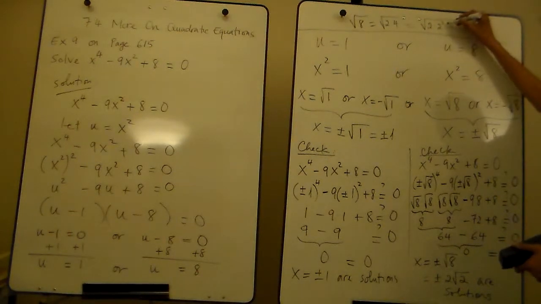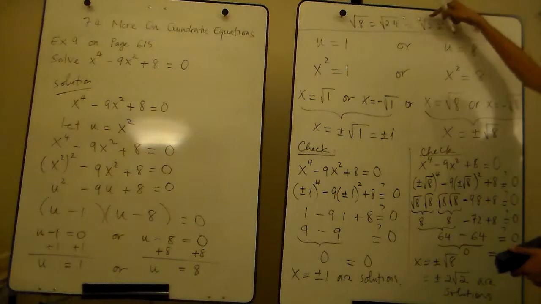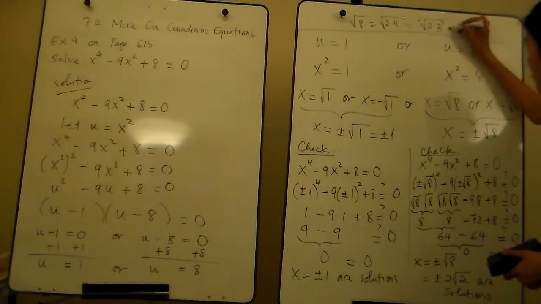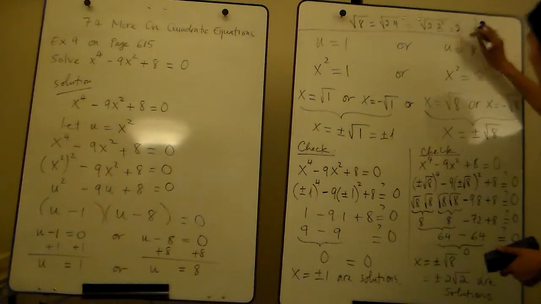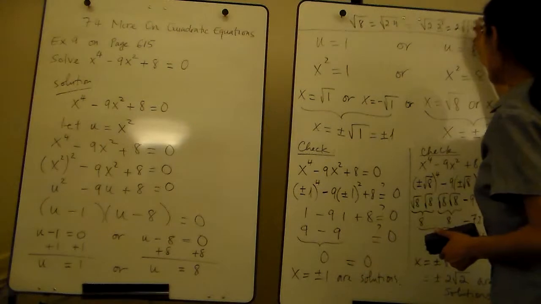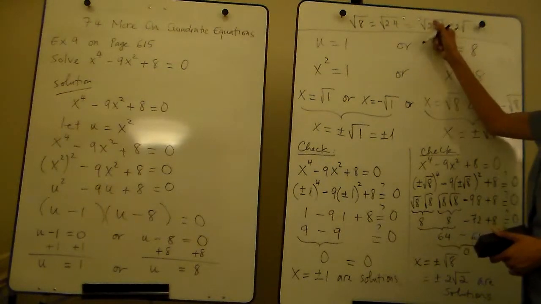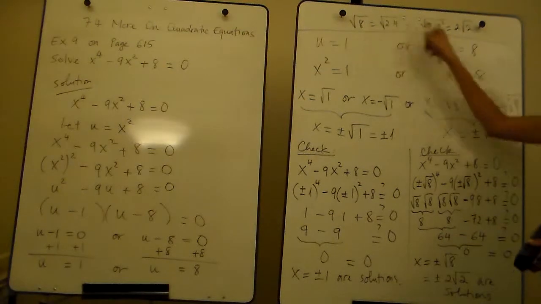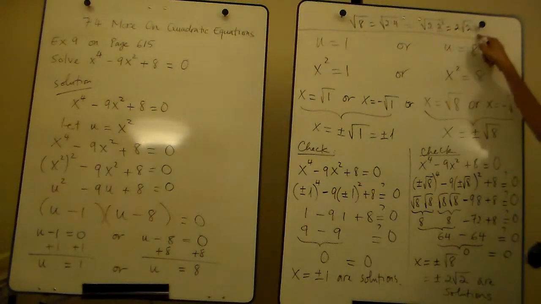Because it's 2 squared, you can take it out of the square root because the index is 2. So you can take this 2 squared outside the square root as 2. The remaining is this 2 because there's no exponent 2. That's why square root of 8 equals 2 times square root of 2.